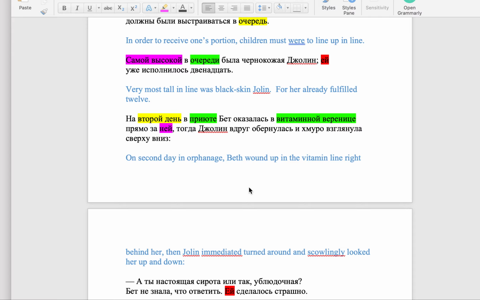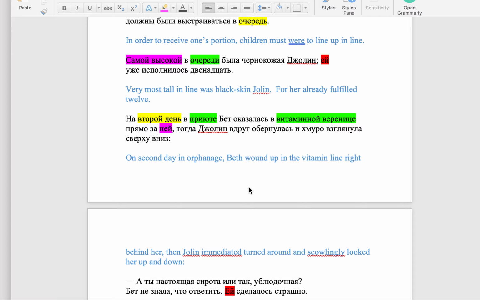And so now, why isn't it Samaya Vysokaya Jolene? Because she's feminine, she's female. Samaya Vysokaya here is already turned into the instrumental case, and that is because it's used with the verb была.